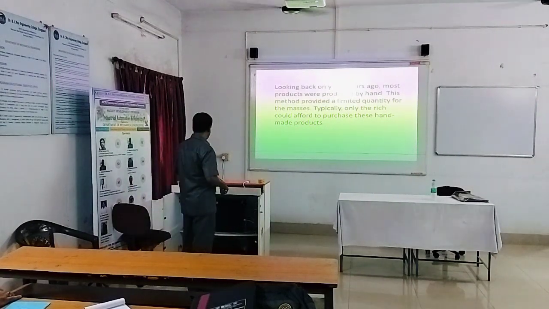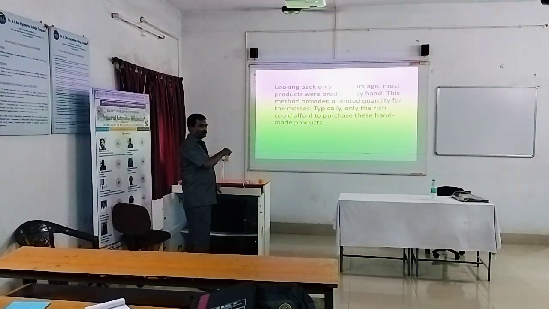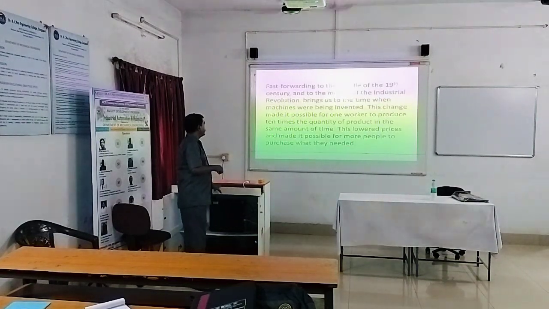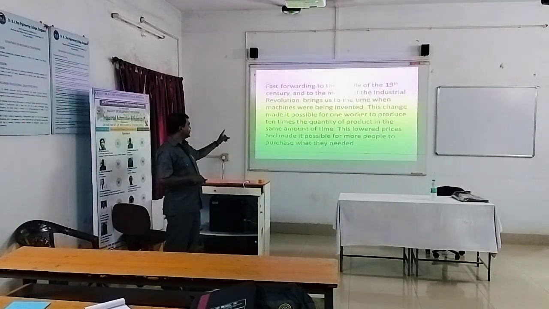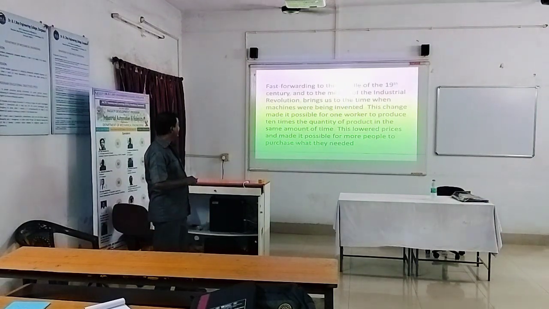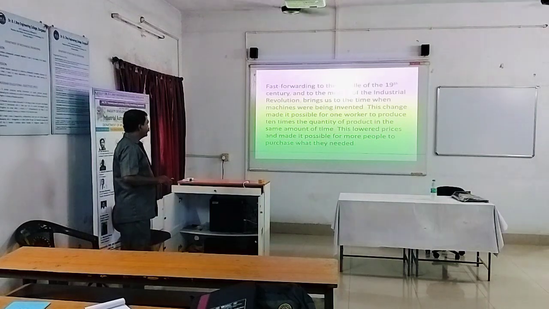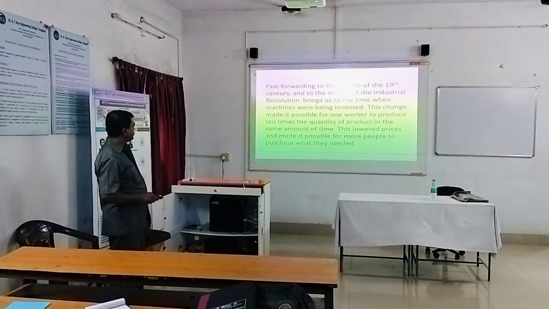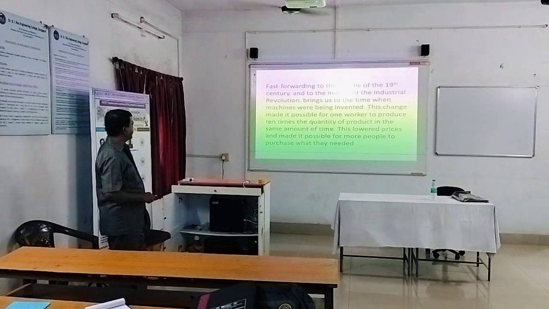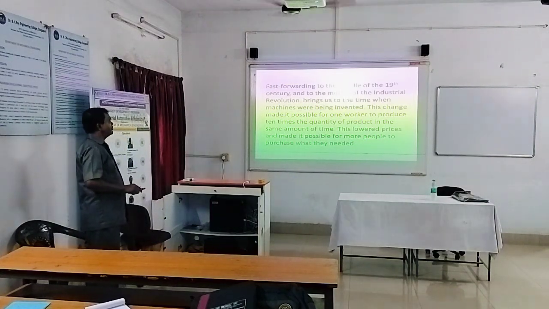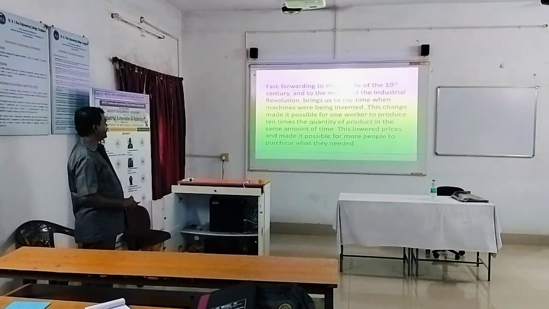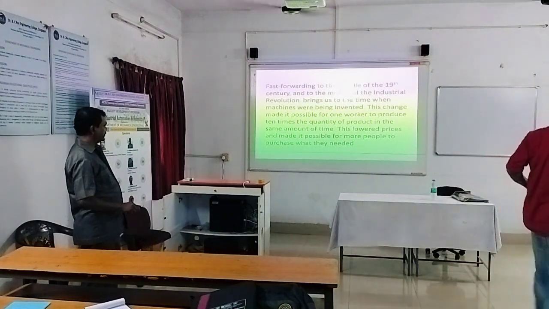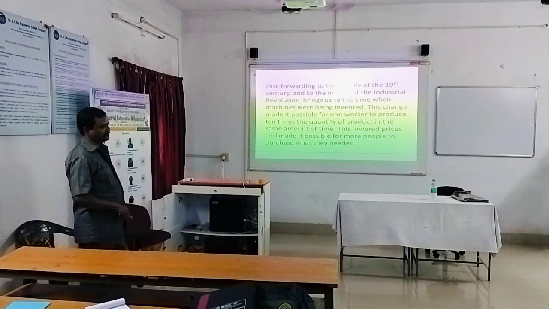Now, after automation, we are not yet going to robotics. After automation, in the first stage, what is there? When electricity was developed and discovered, then automation was introduced. These changes made it possible for one worker to produce 10 times the quantity of product in the same amount of time.